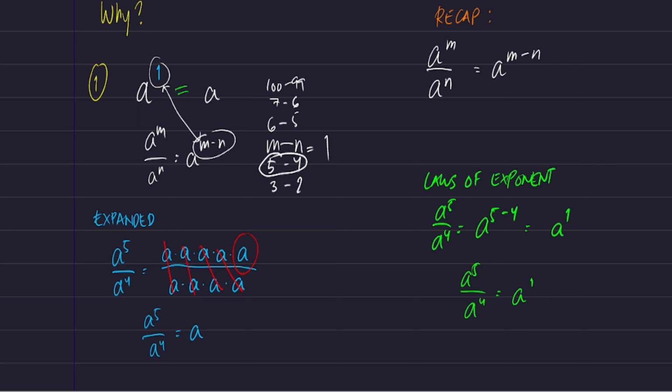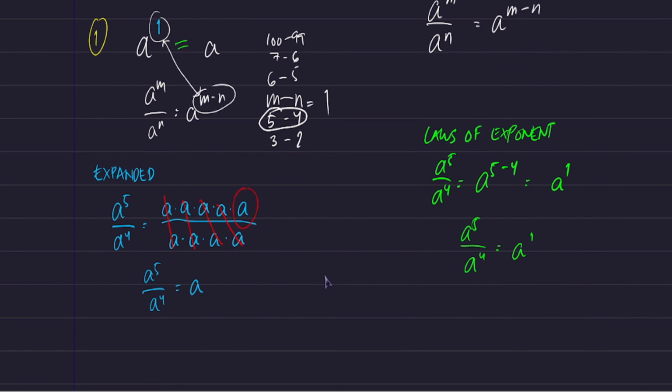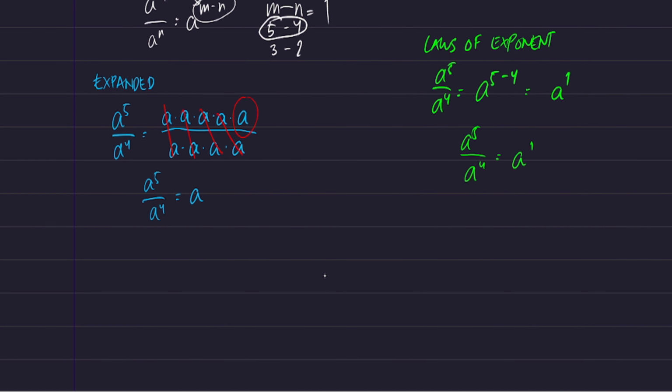We use different methods, pero dapat pa-equal lang yung sagot nila. And we have here A raised to 5 over A raised to 4, and this is actually equal to A raised to 5 over A raised to 4. Magkaiba lang ng paraan, pero equal ang magiging result niya.